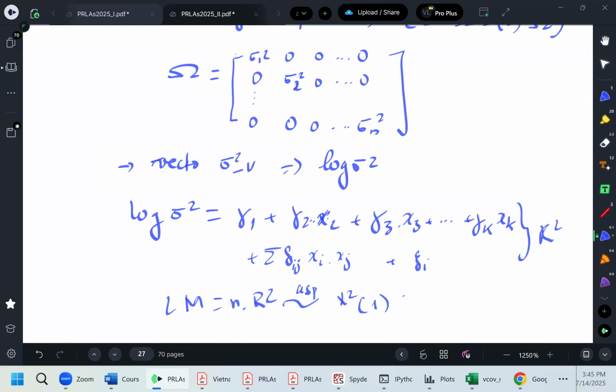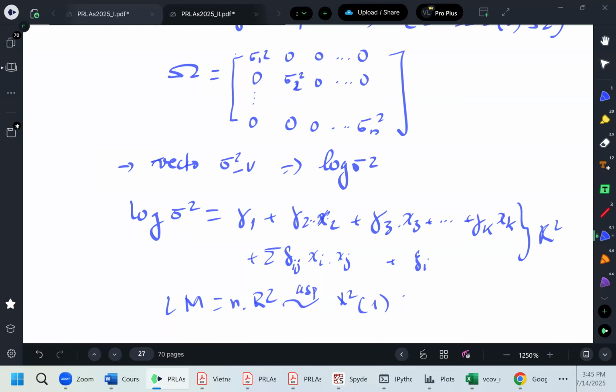It follows a chi-square distribution with one degree of freedom, right? In our context, it follows the proof that we have done in the previous slides. Right? So this is the LM test.